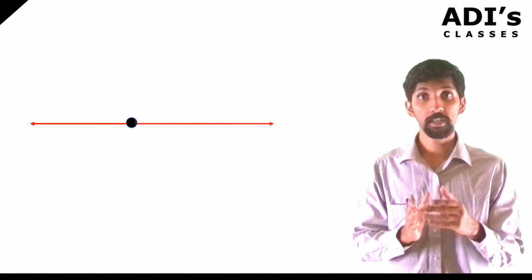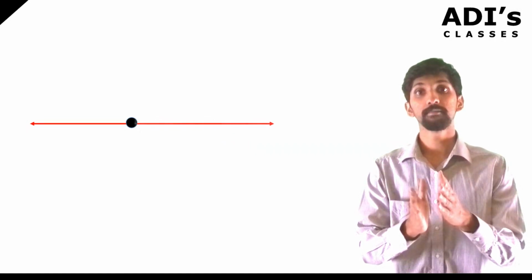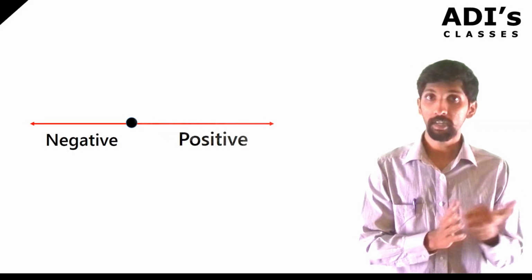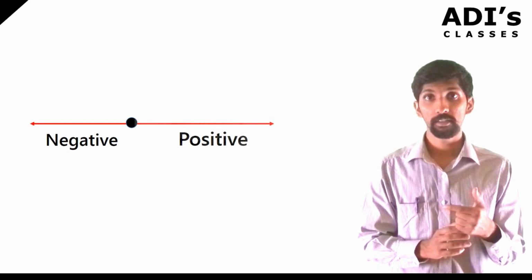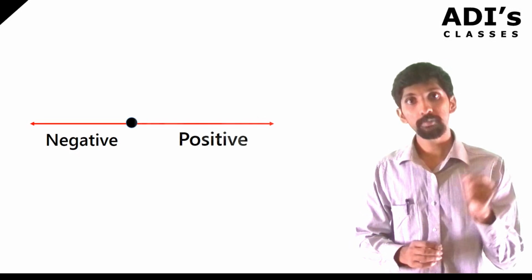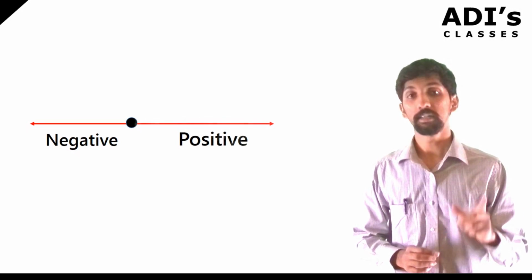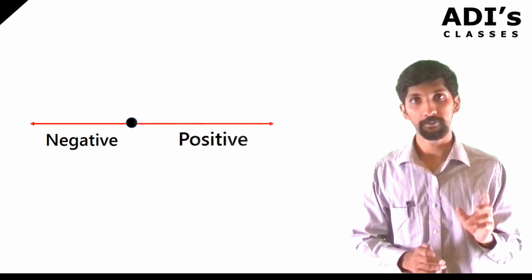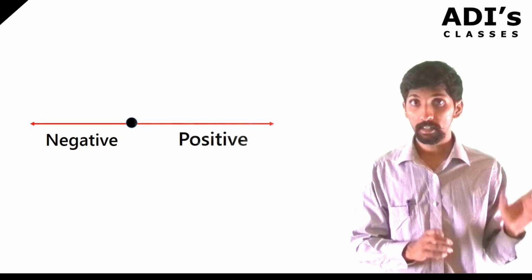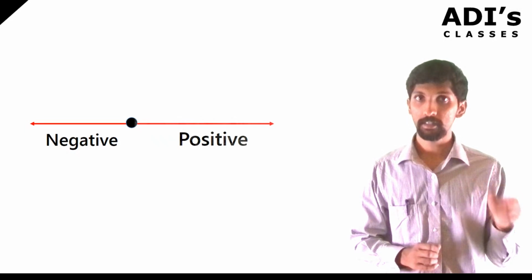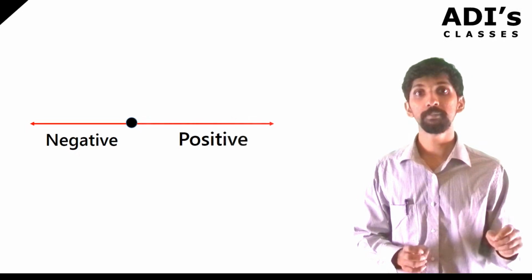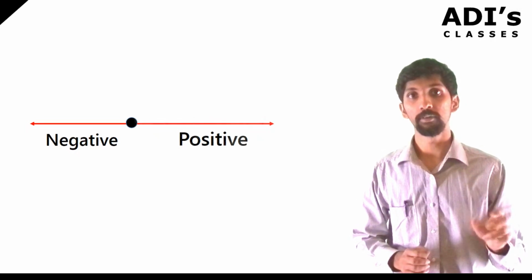Suppose you are moving in a straight path towards the right, and you change the direction to left, that is backwards, then displacement will become negative. But distance traveled is not negative. That's why in a circular path, the circumference becomes the distance traveled, but displacement becomes 0.